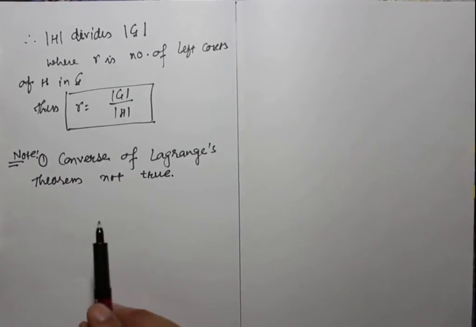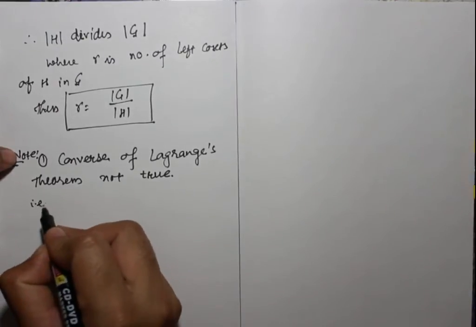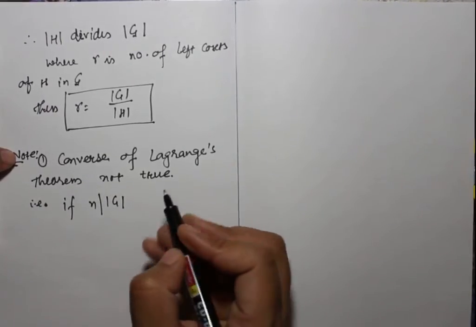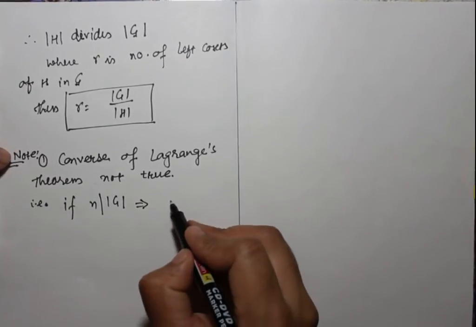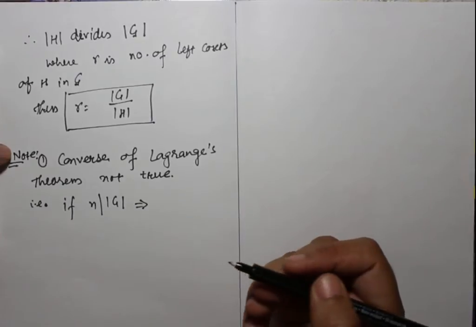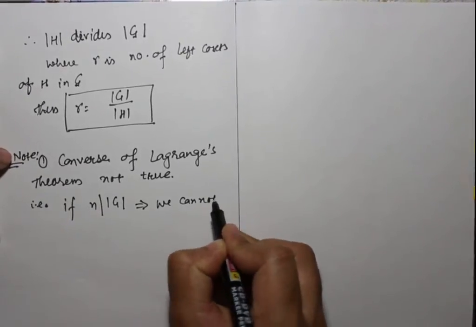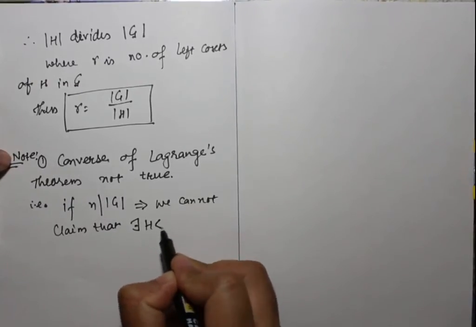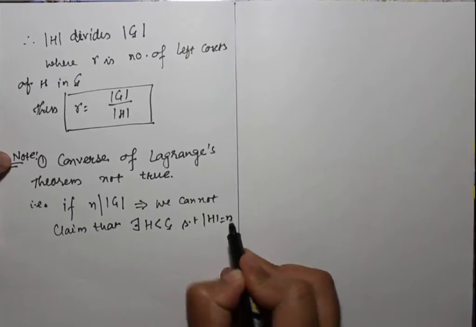Note first, the converse of Lagrange theorem is not true. That is, if n divides order of G, then we cannot say there exists a subgroup of G whose order is n. We cannot claim that there exists H, a subgroup of G, such that order of H equals n.